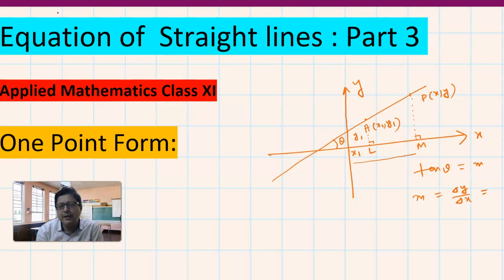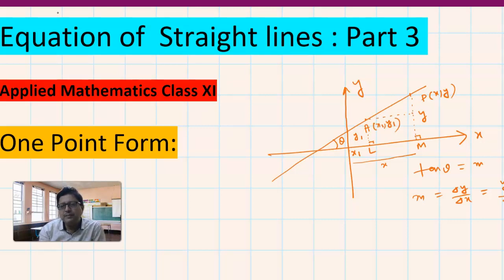And for the point P, this point is x here, and PM is equal to y. So what is change in y in going from A to P? That is y minus y1, and change in x in going from A to P, that is x minus x1.